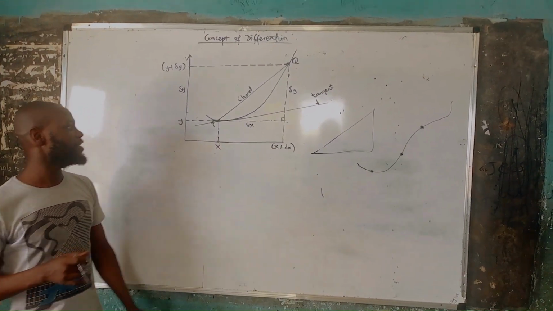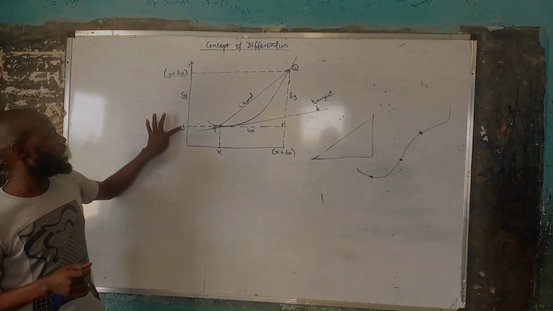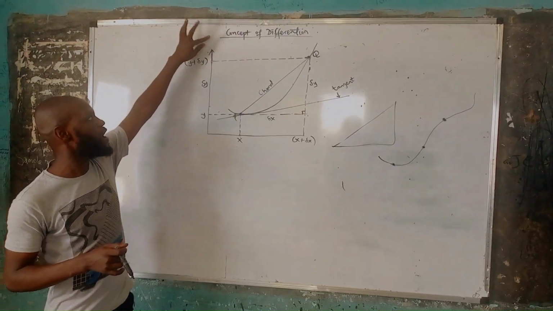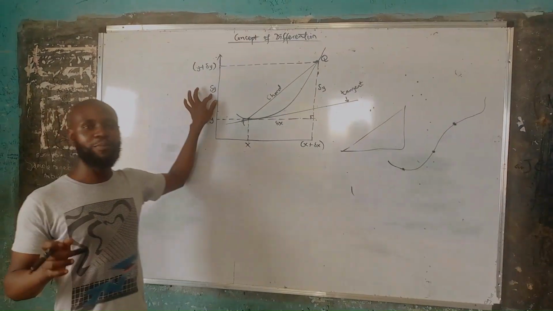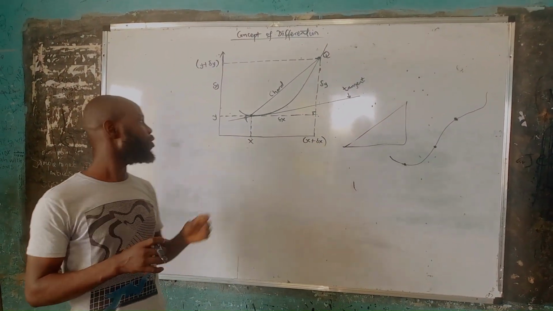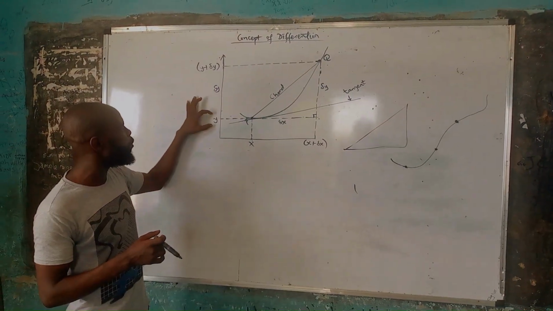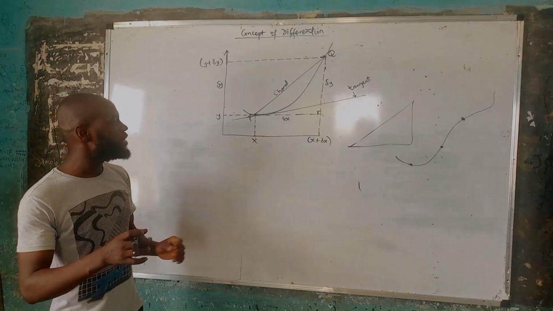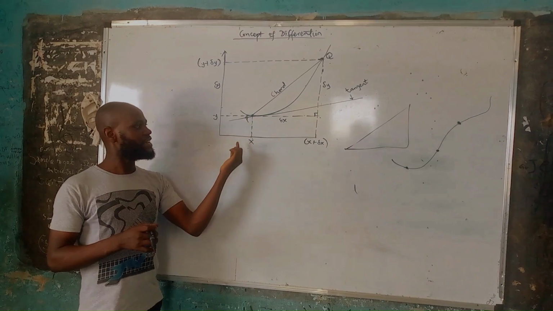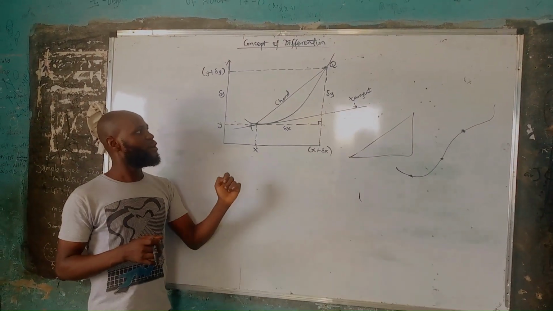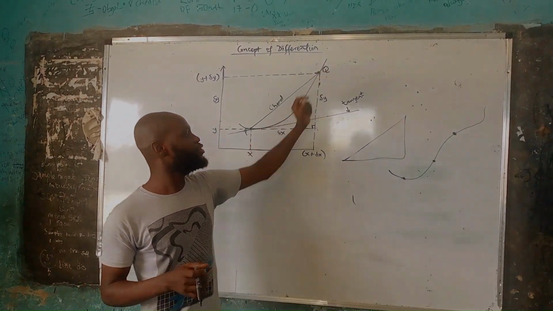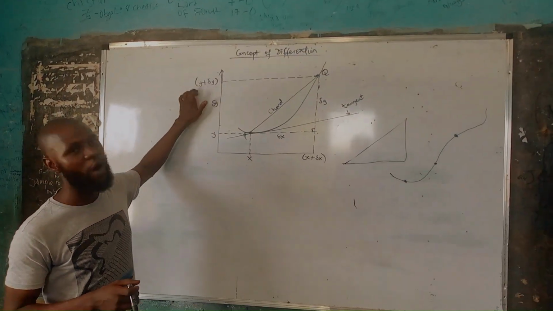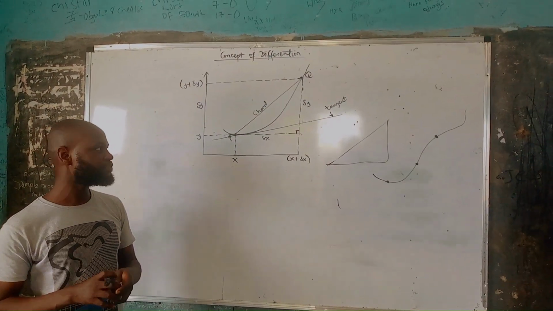The same thing is applicable to y. If y changes its value and we get a new value, that change can be represented as delta y. So when we add delta y to y, we get a new value of y. So the coordinates of point P are x, y, while the coordinates of point Q are x plus delta x, y plus delta y.